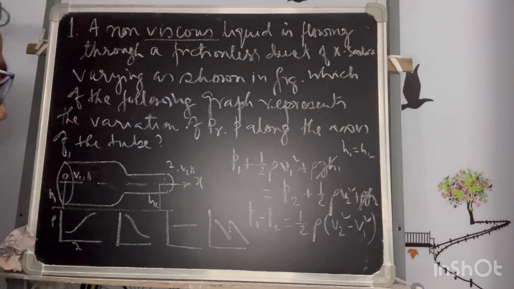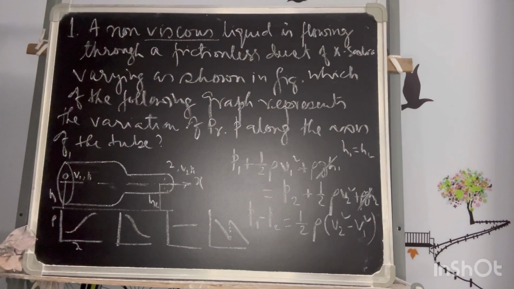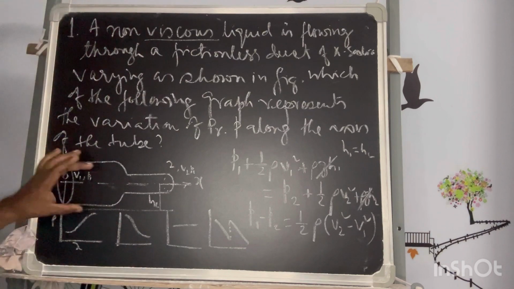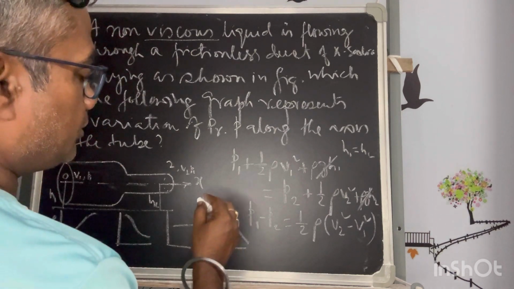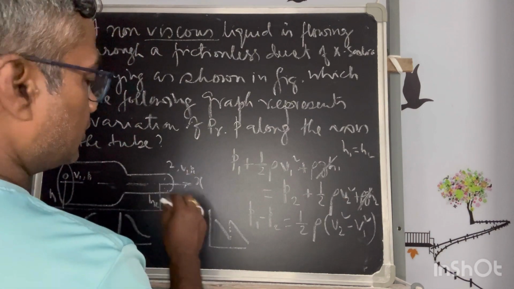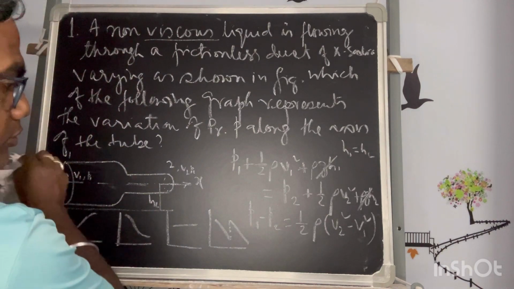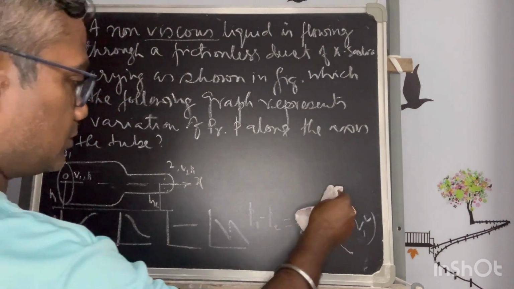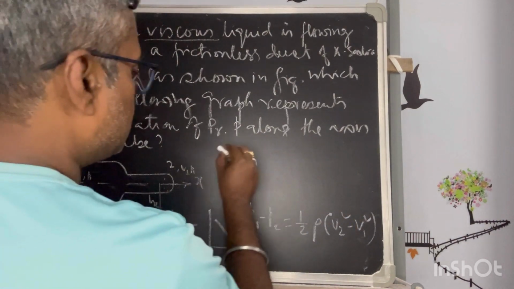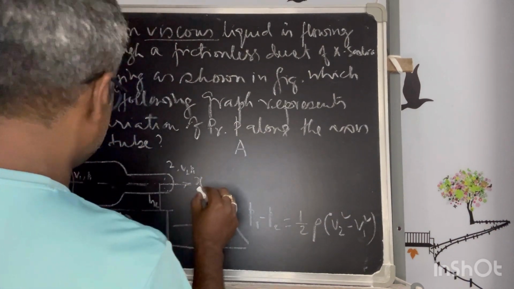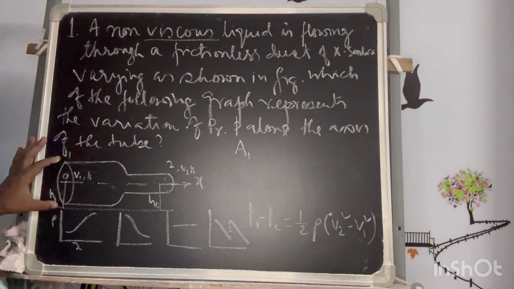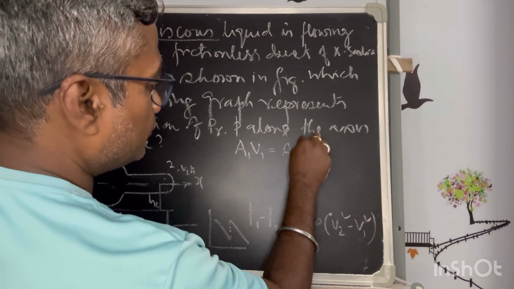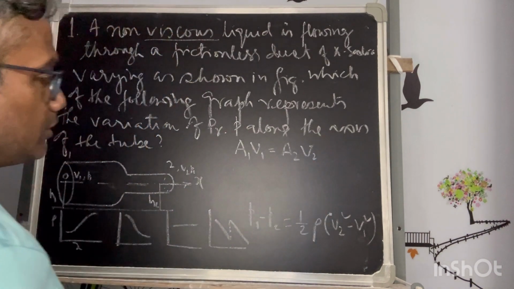Another part: the cross section is reducing and it is steady flow, so we can also apply the continuity equation. Let's say this is cross section A1 at this place, A1 V1 is equal to A2 V2. This also can be applied.